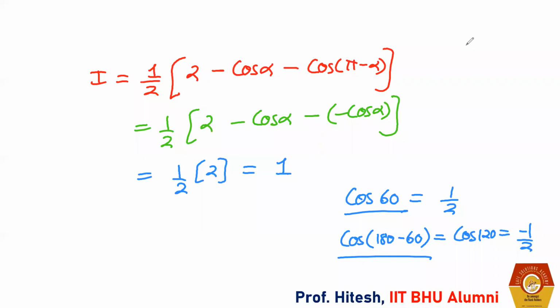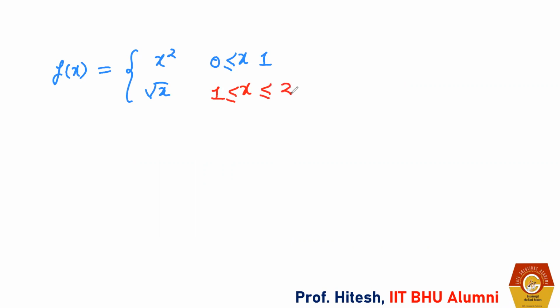Next question is f of x is given by x square when x is from 0 to 1, and under root x when x is from 1 to 2. We have to evaluate the integral from 0 to 2 of f of x dx. Quite easy.